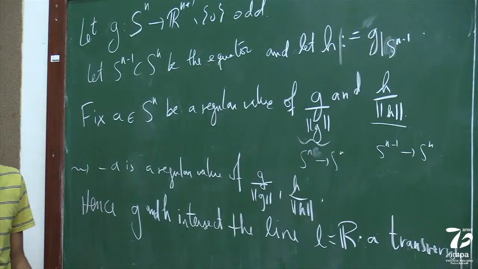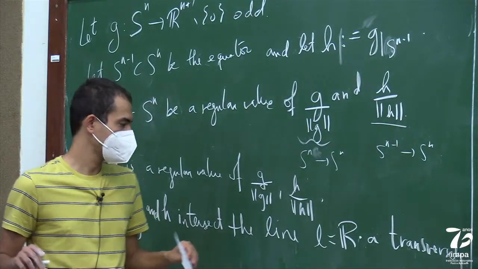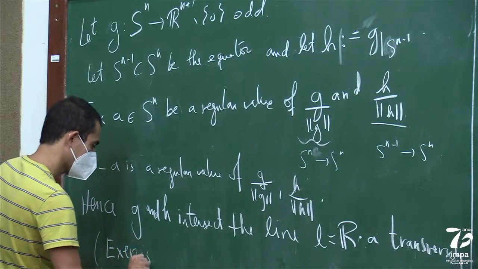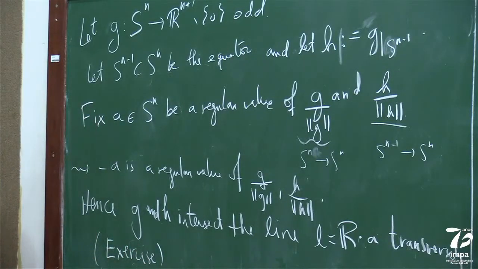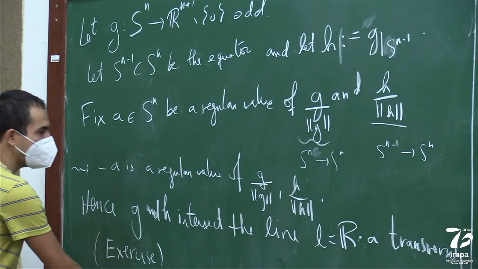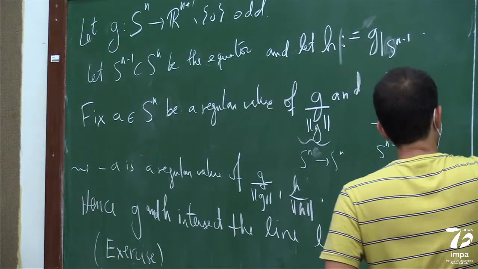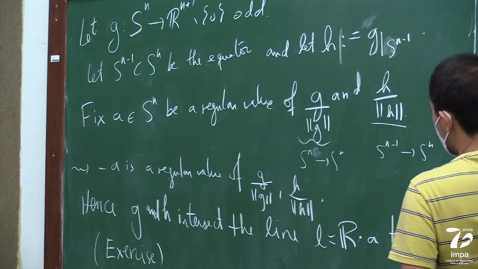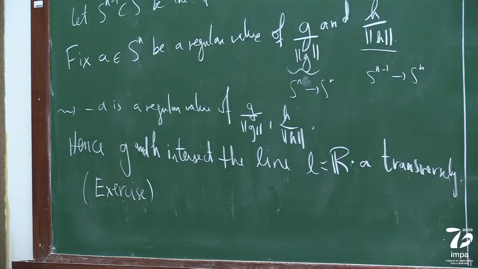Okay, so that's a very simple little exercise, if you don't understand this, but maybe for some of you this is straightforward. Okay. And then, because this is a transverse intersection, just by account of dimensions, it means that the h does not intersect this line.